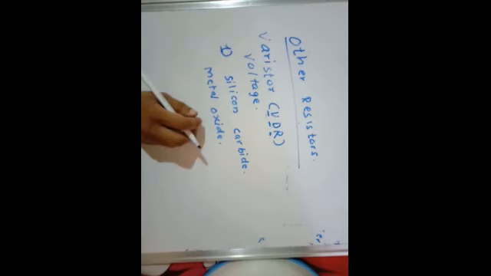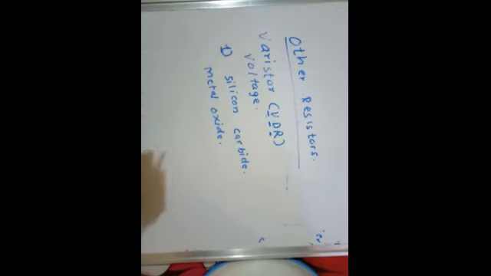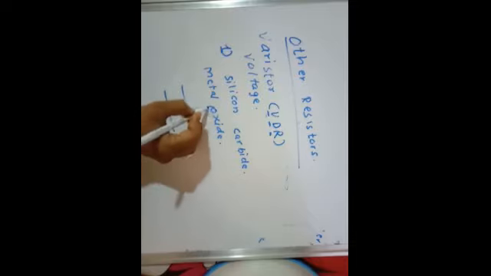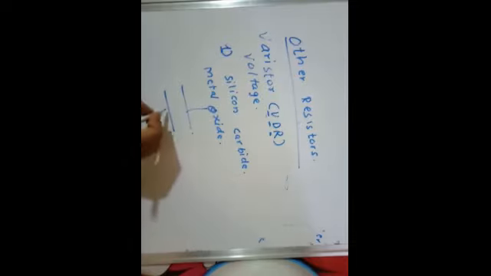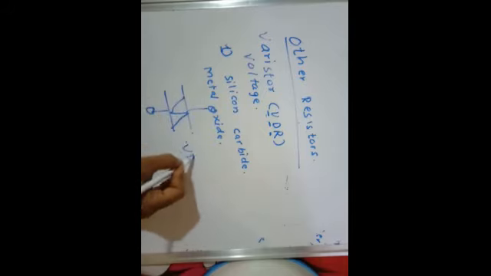We can use the varistor in industrial applications, and in TV circuits for surge suppression. So this is the symbol of VDR. This is your VDR. So these are your three different kinds of special resistors.